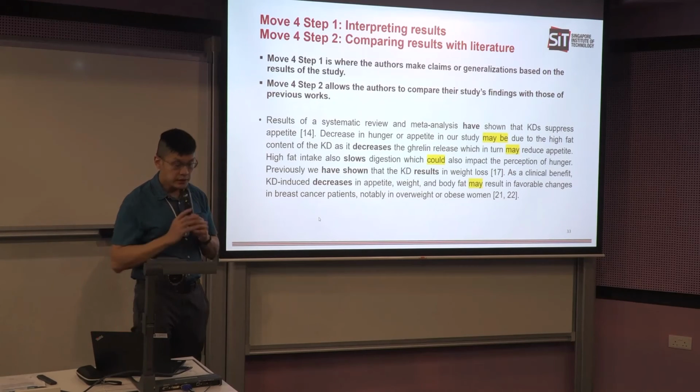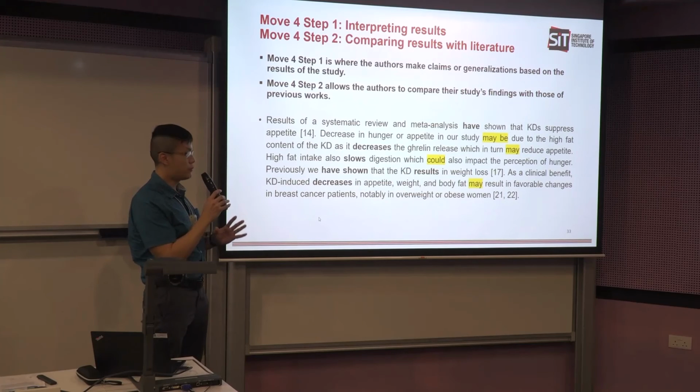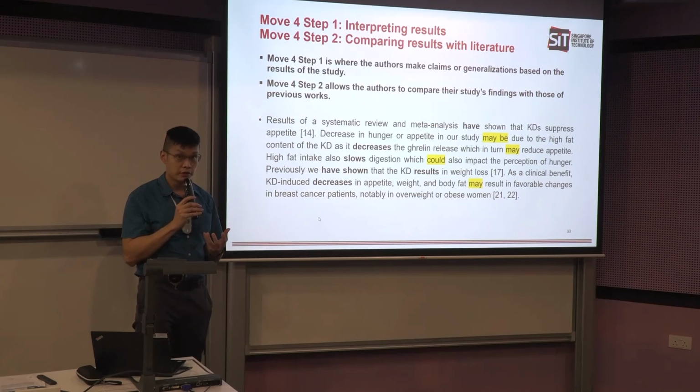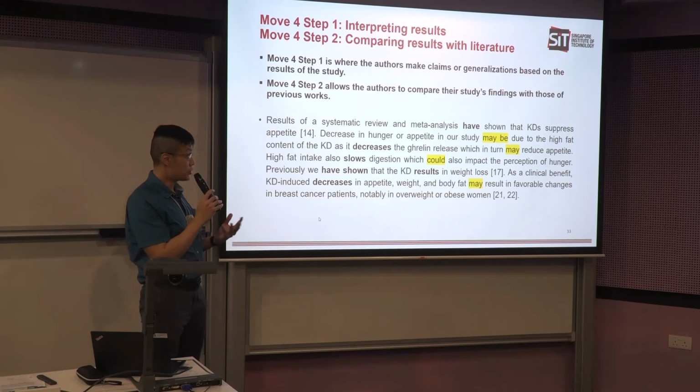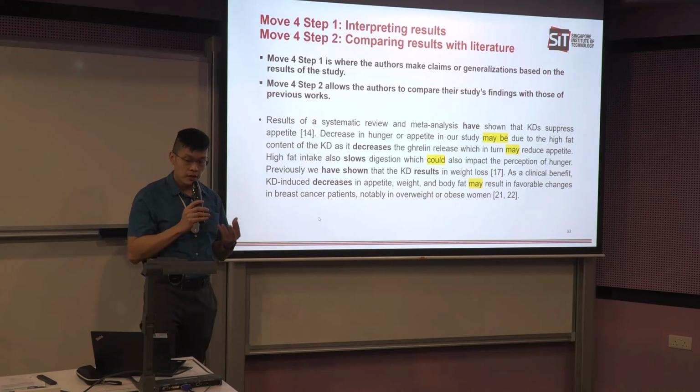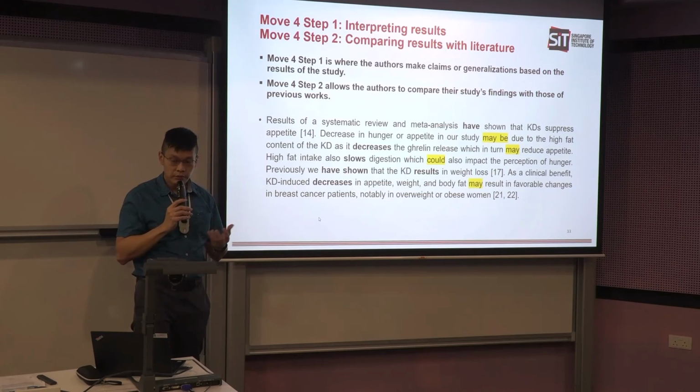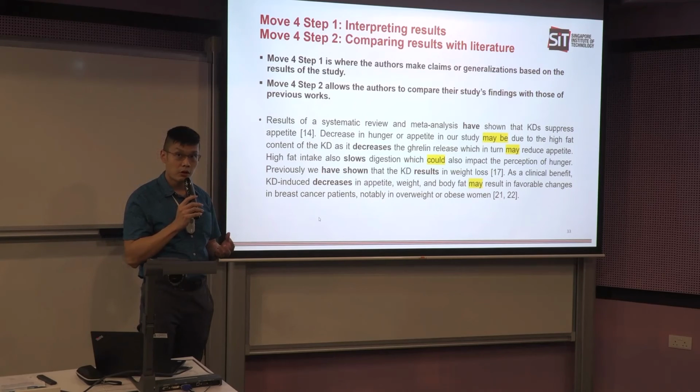Okay. Now this is the interesting part, move 4, because this is when you need to comment on the results, right? And you notice in this case here, I want to show that actually these two steps, interpreting results and comparing results with literature, were actually accomplished, all right, simultaneously.